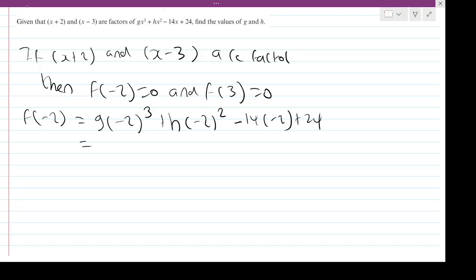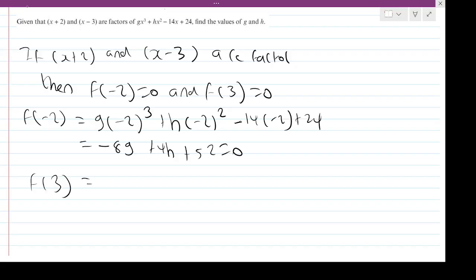Then if we simplify that, minus 2 cubed is minus 8g, and then minus 2 squared is plus 4h, and then minus 14 times minus 2 plus 24, that's plus 52, and that would then be equal to 0. There we are. Okay, but then the other one I can plug in is f of 3.